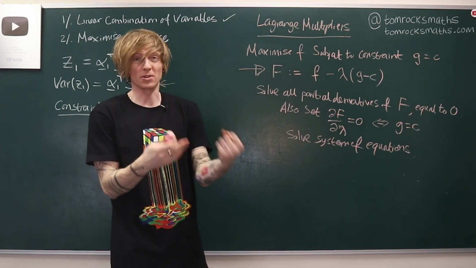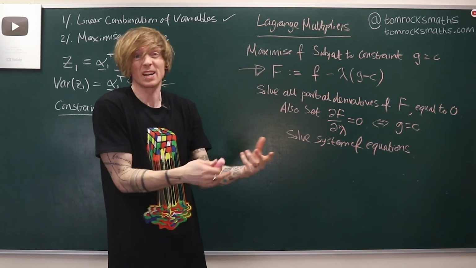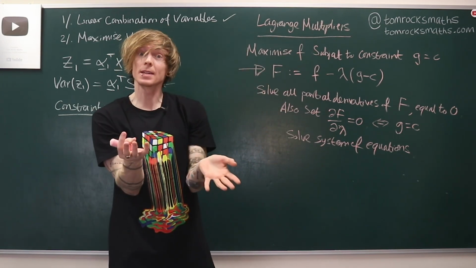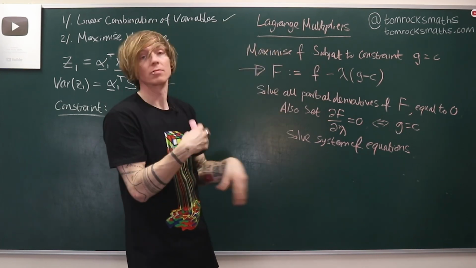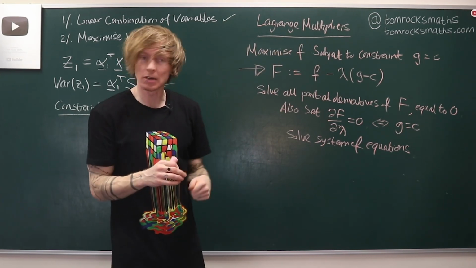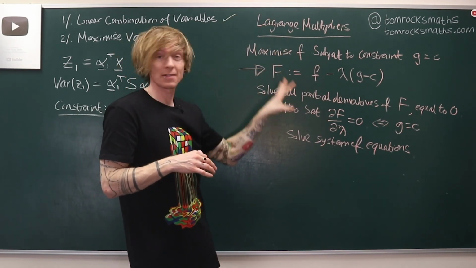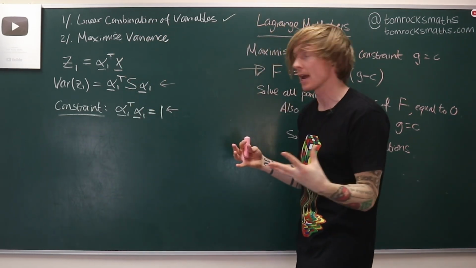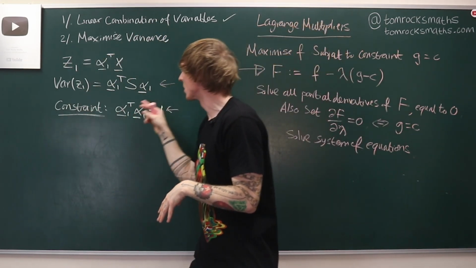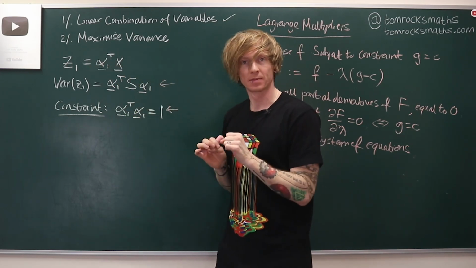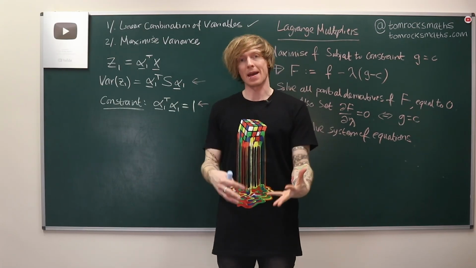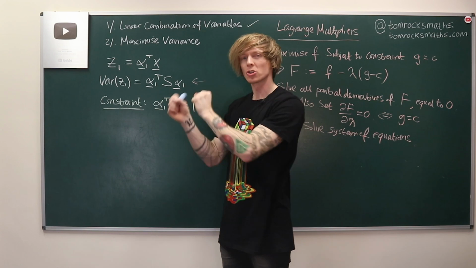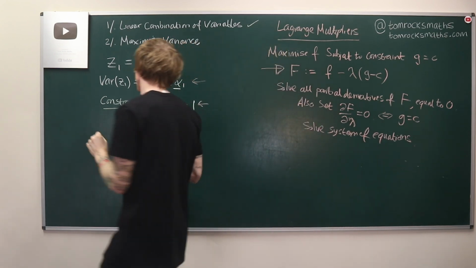So this might make more sense when we see it in practice, so don't worry if you've never seen it before. If you have seen it before, probably a good time to refresh your knowledge of Lagrange multipliers, because what we're going to have to do now is think about what this process or procedure looks like when applied to these vector forms.